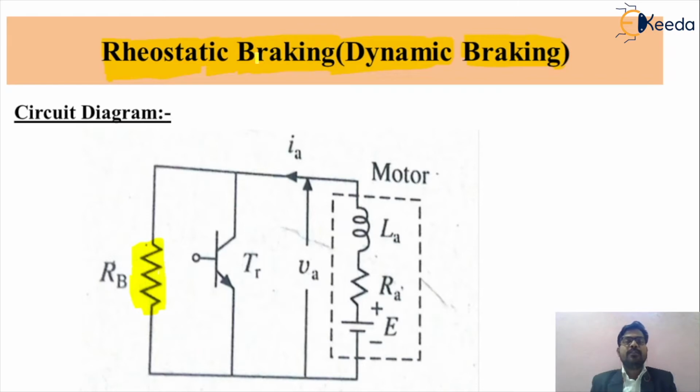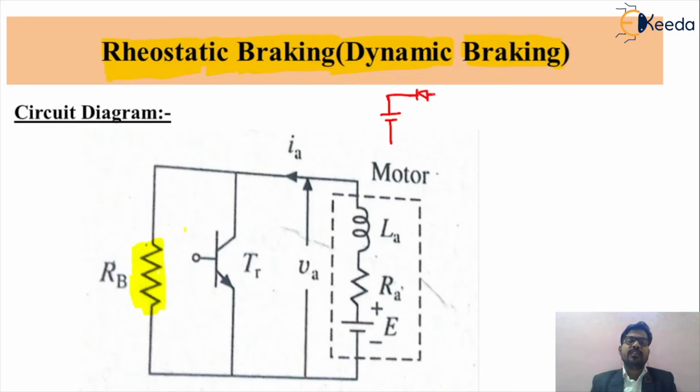Friends, first we can understand the difference between regenerative braking and dynamic or rheostatic braking. I can draw this diagram for your understanding. In regenerative braking, we use a source that is fed back by means of a diode circuit.